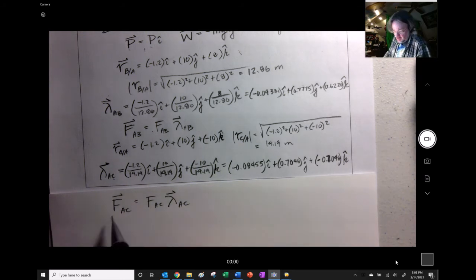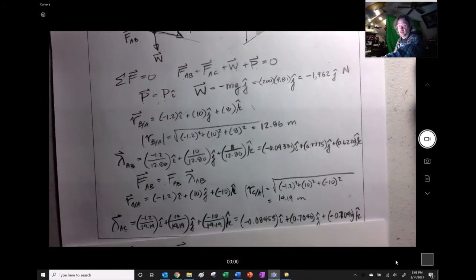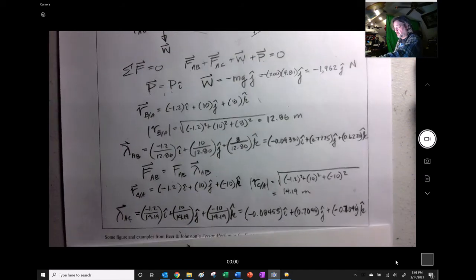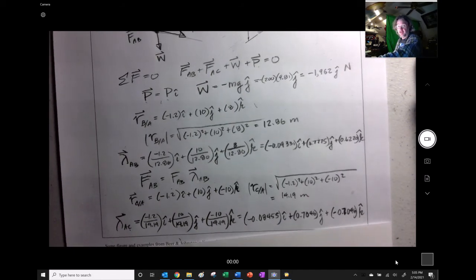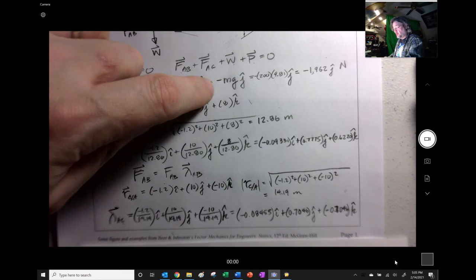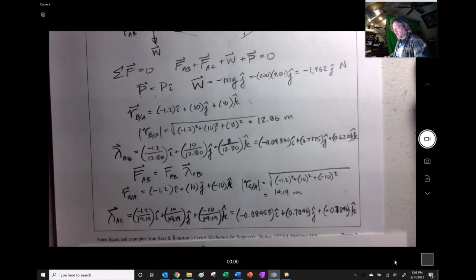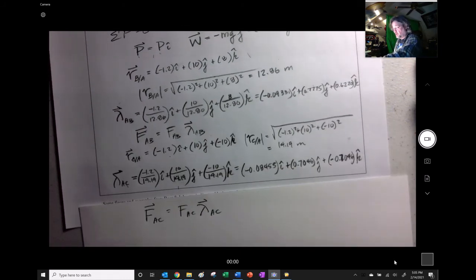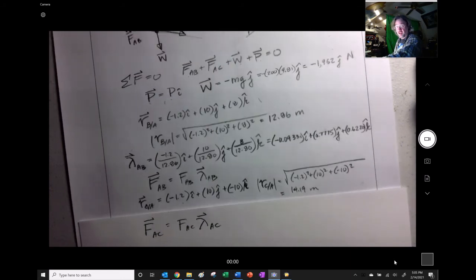So we want to come back up to this equation and fill it in with the things that we have. We have this, this, this, and this. So we're going to stick that back into that equation. So let's start out with FAB.